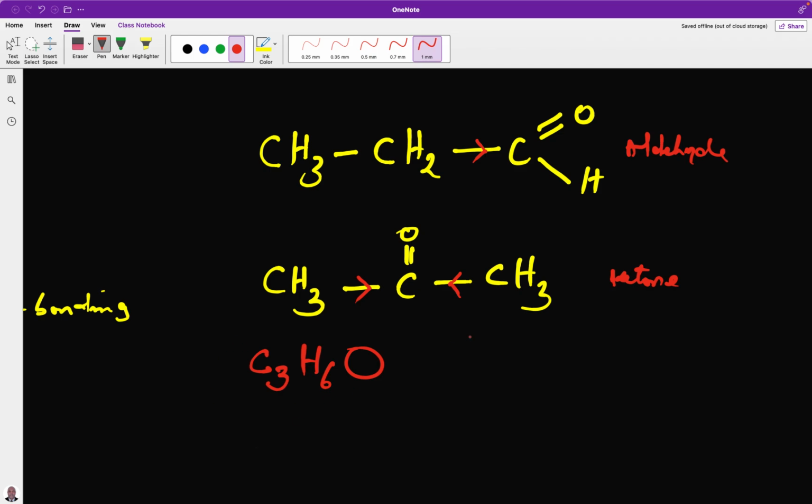For that reason, ketones and aldehydes of the same molecular mass have different boiling points and melting points.